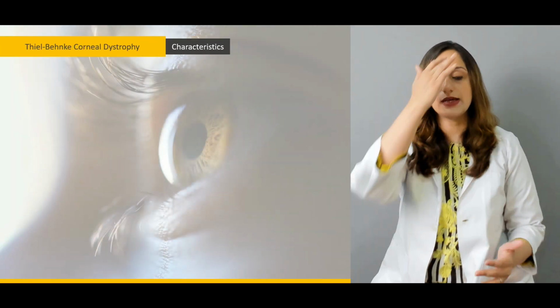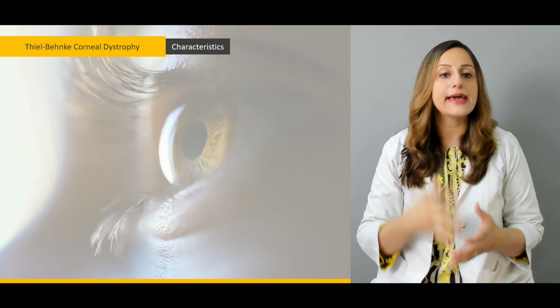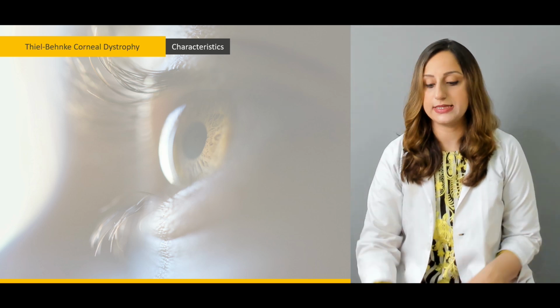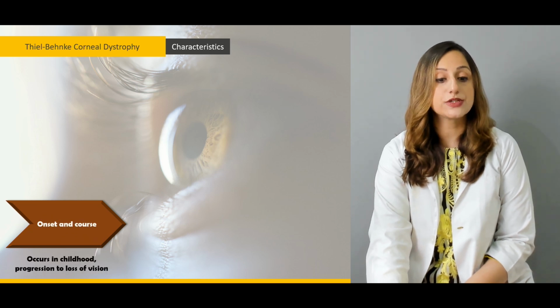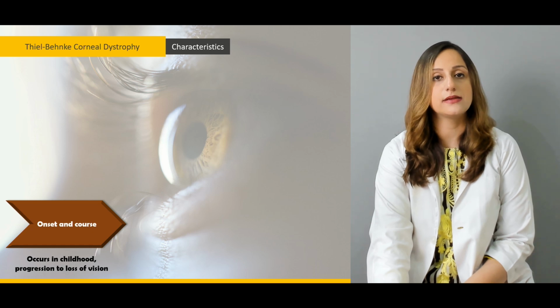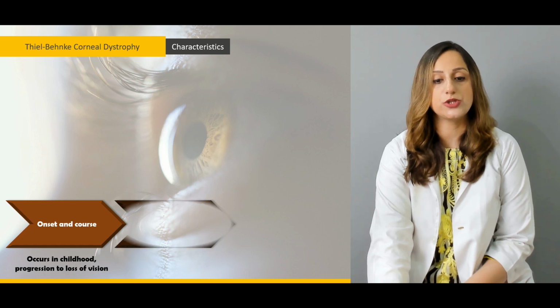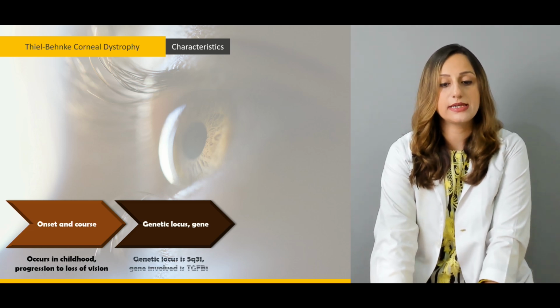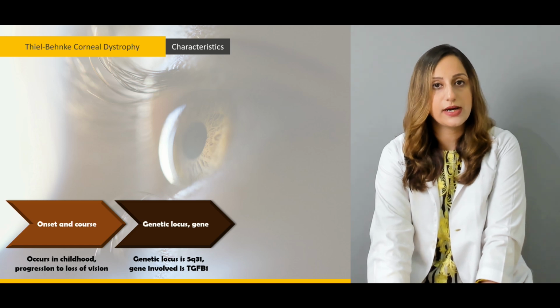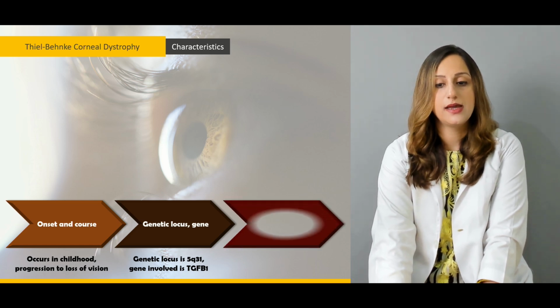Moving on, we have another variant, which is Thiel-Behnke corneal dystrophy. The characteristic features over here are that the onset for this kind of dystrophy usually occurs in childhood, and progression is the loss of vision. The genetic locus involved is 5q31 and TGFBI.